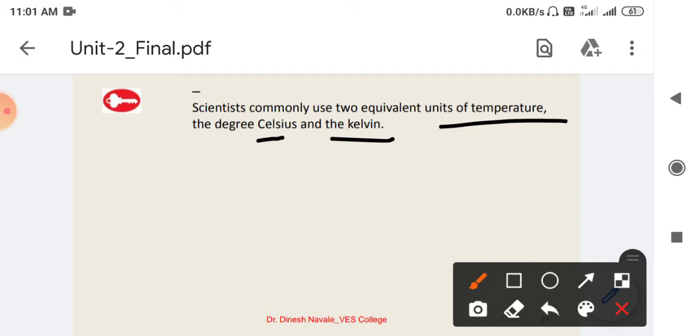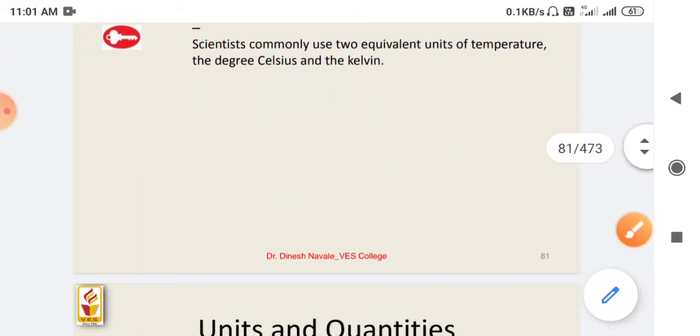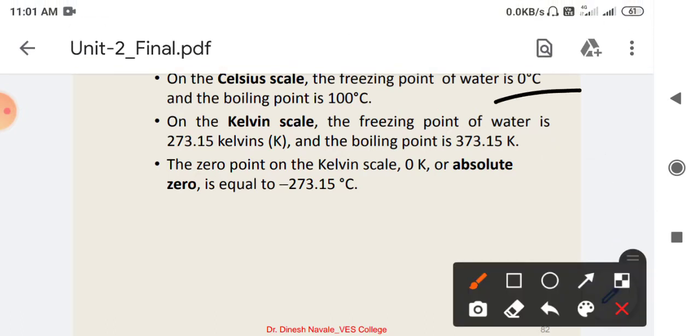Between Celsius and Kelvin there is one conversion: 0 degree centigrade is 273.15 Kelvin. The freezing point of water is 0 degree centigrade and the boiling point is 100 degree centigrade, and based upon this the temperature scale has been developed.